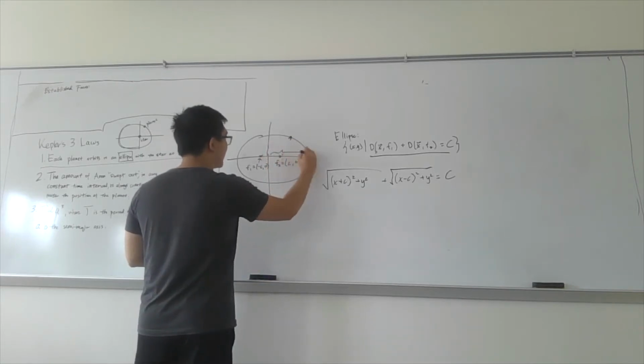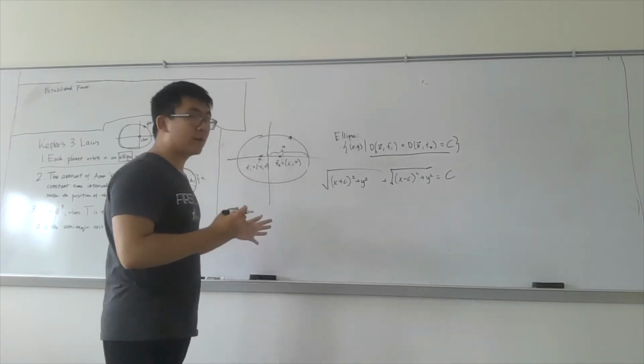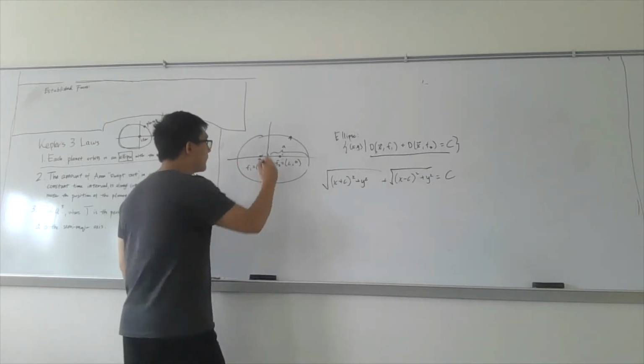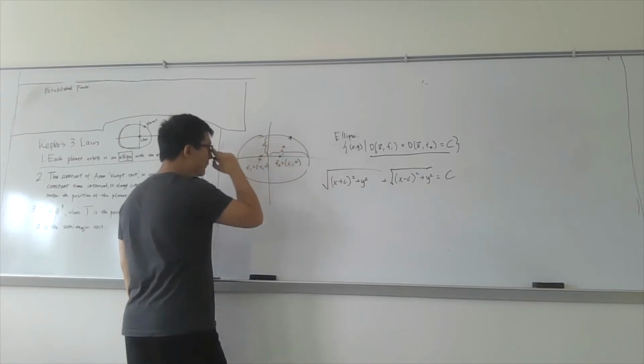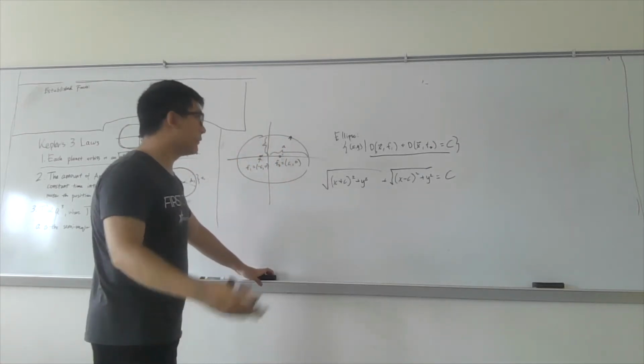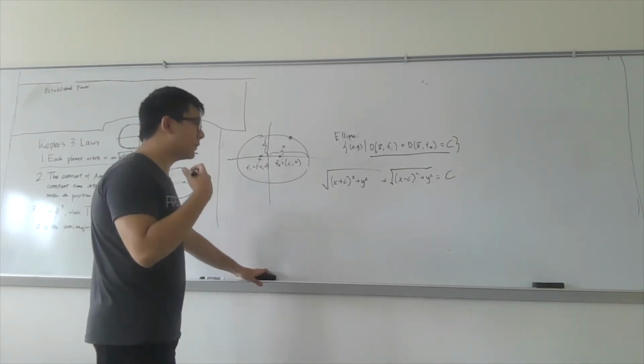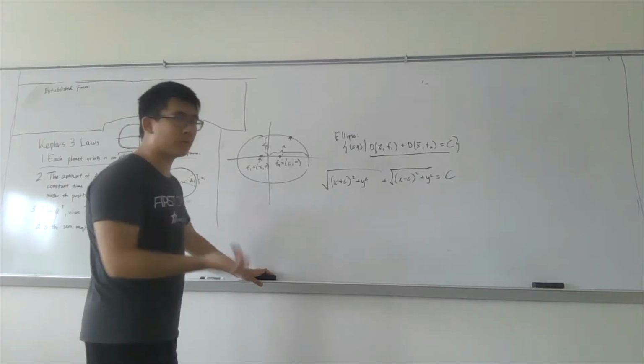We're going to define A, which is the semi-major axis of our ellipse. You can just think of it as when theta equals 0, A is the distance of the points on the ellipse from the origin.